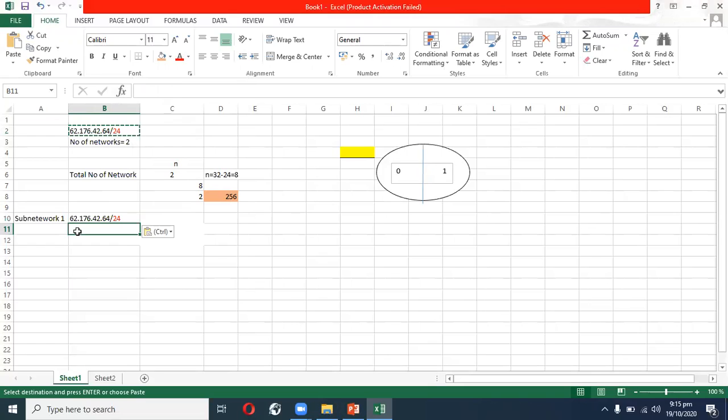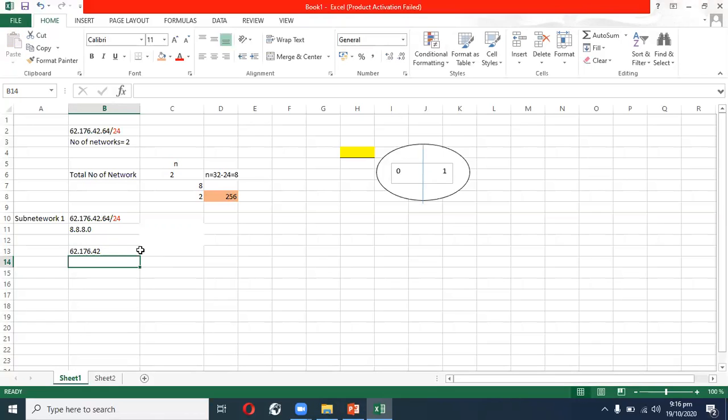We know from the previous videos that 24 is 8 and 8 and 8, which is 255.255.255.0. So this means the IP will be written as 62, then 176, then 42, and now this is 0. So this means we will play with the fourth octet.